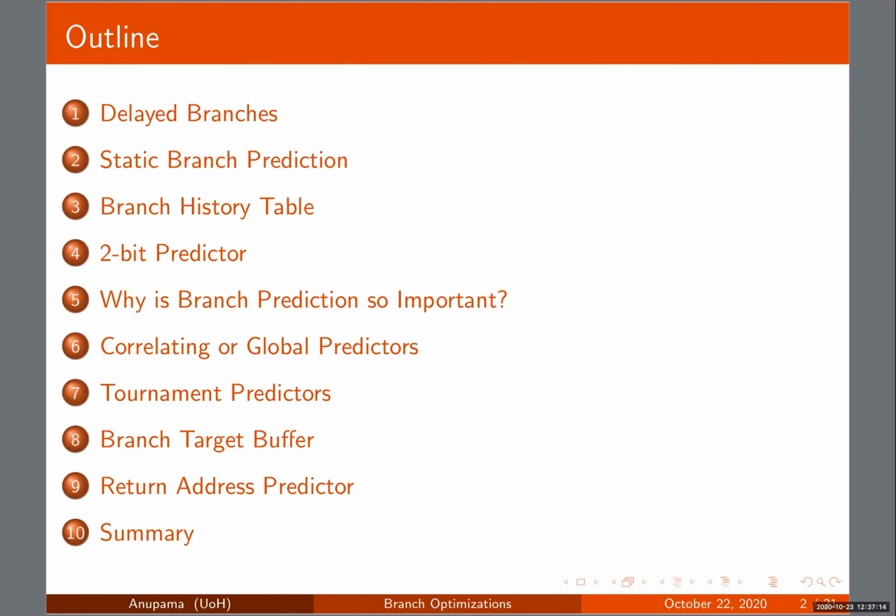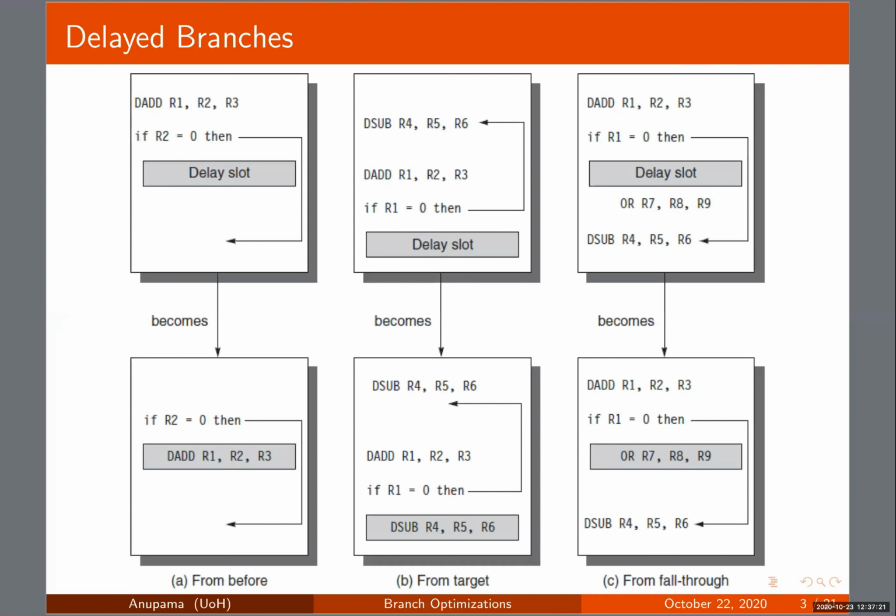And so let's look at, I just brought in the delayed branches again. So as we saw in the previous class, we can have delayed branches where we have a delay slot after the branch, right? Where we fill in an instruction that is always executed.